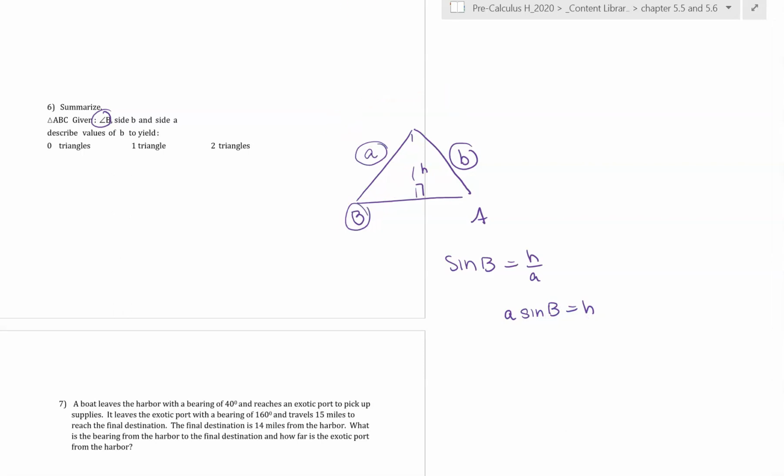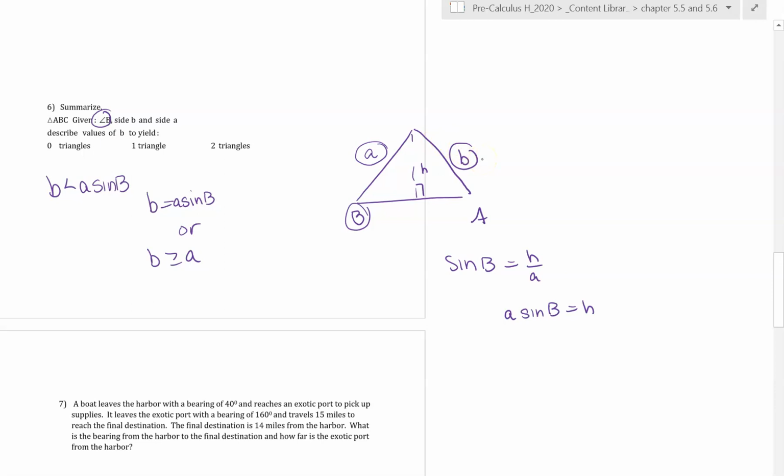You would have zero triangles if side B was too short. So if B is less than the height, which was A sine B, you would have zero triangles. One triangle would be if B was equal to the height, so if B is equal to A sine B, or if B was greater than or equal to A. Remember, we talked about how B is really long.